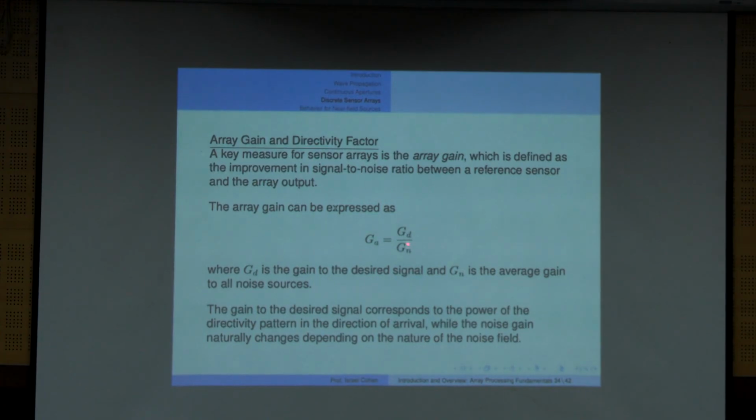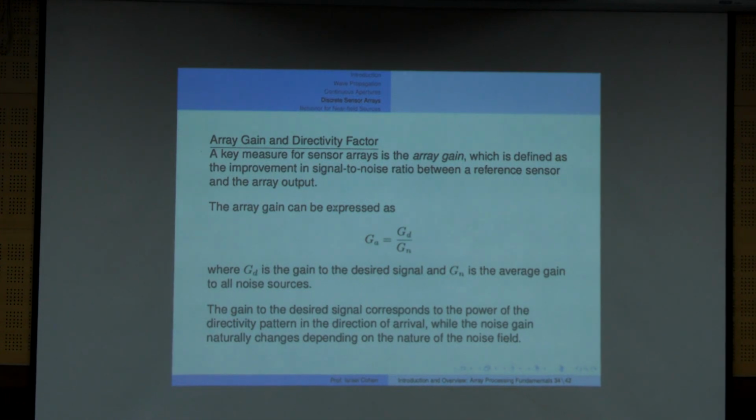So this is the gain in the power of the desired signal, and this is the average gain of the noise, the background noise. This ratio is the array gain, the improvement in signal to noise ratio at the output of the array compared to a single sensor.